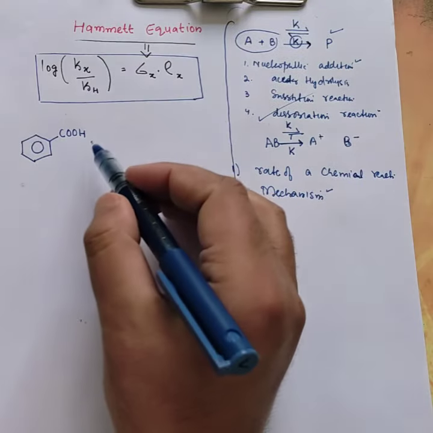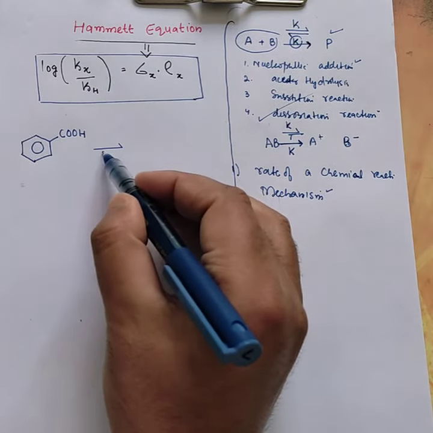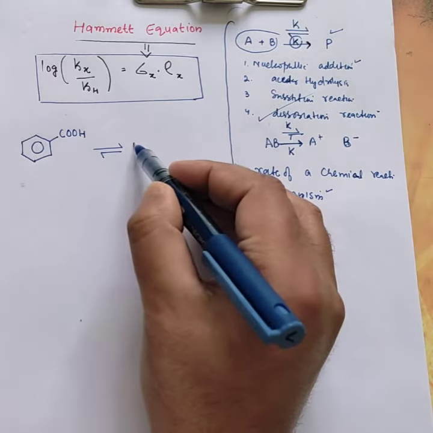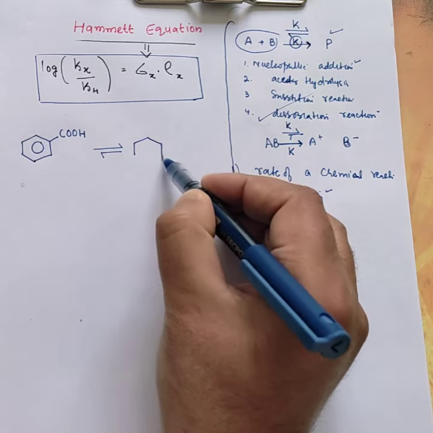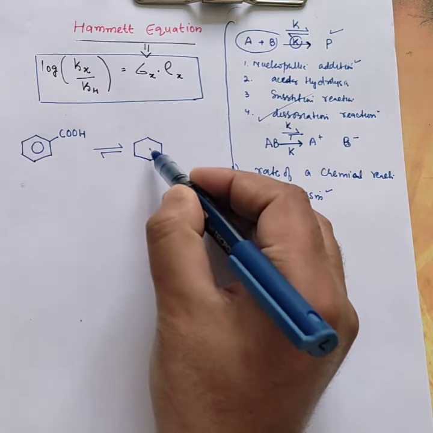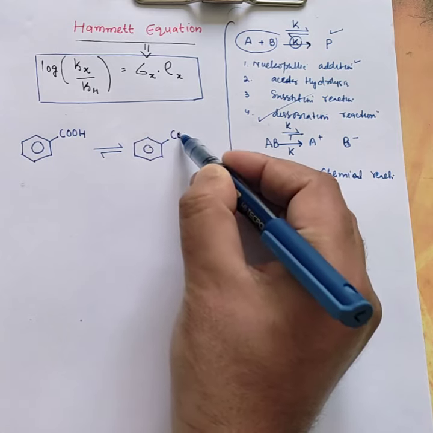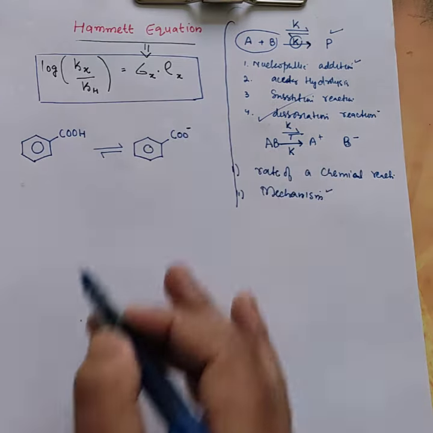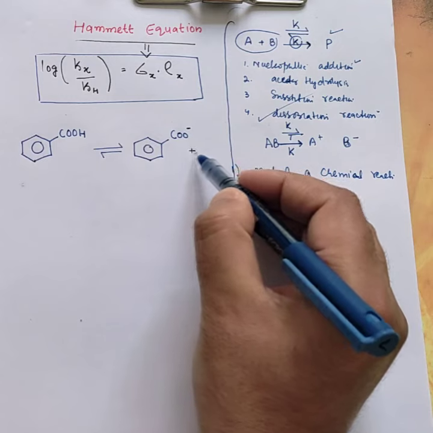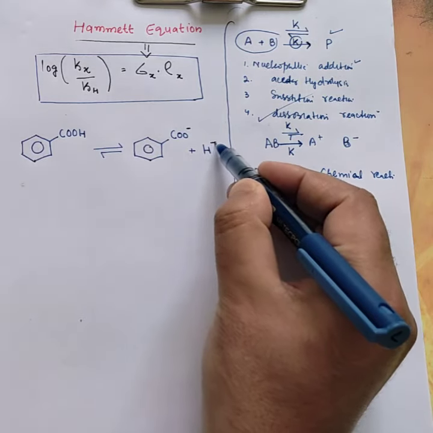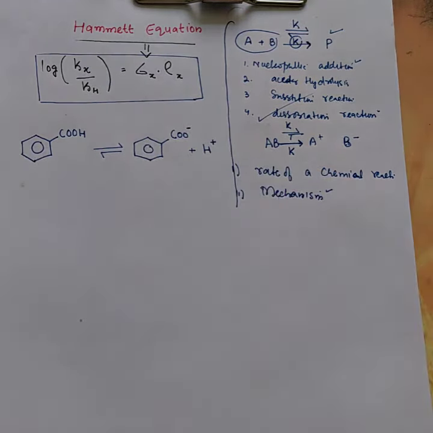So if this carboxylic acid dissociates, it will dissociate into a carboxylate ion, and it will also give a proton, because as per the Arrhenius and Bronsted concept, any species you dissolve that gives a proton is a Bronsted acid.